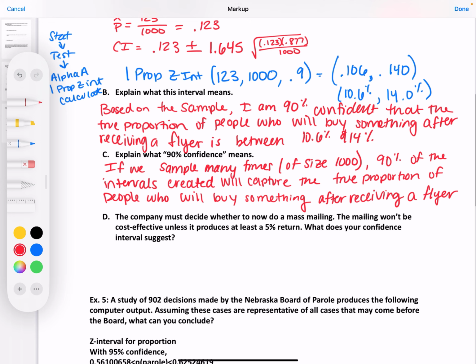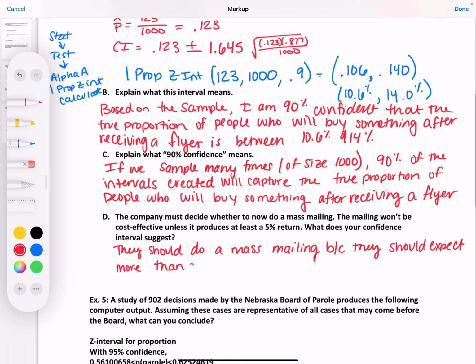Okay, so they should do the mass mailing because it's going to produce more return than even what they want to see. They should do a mass mailing because they should expect more than a 5% return, since the interval is above 5%.